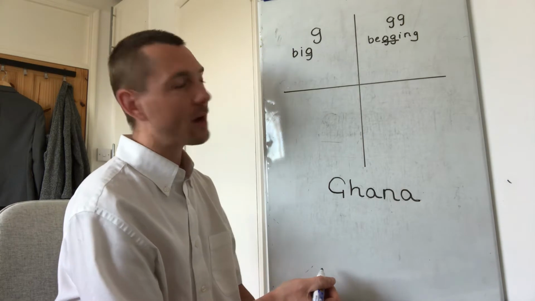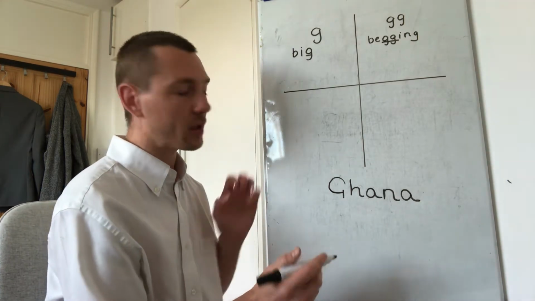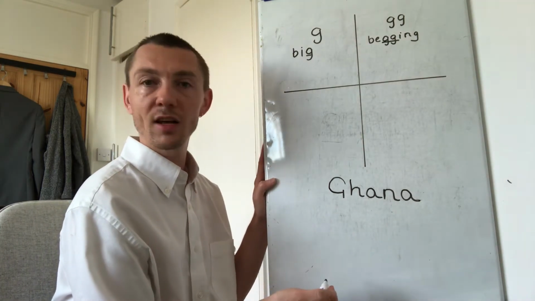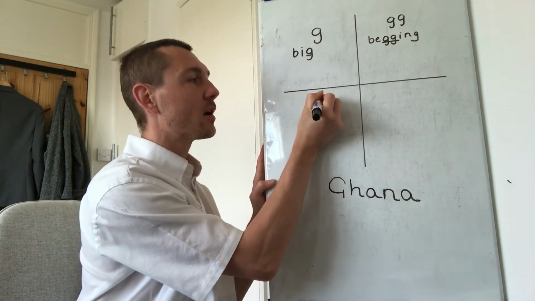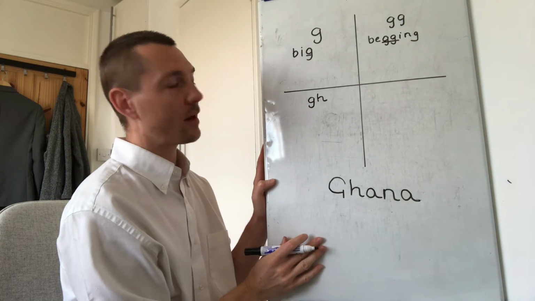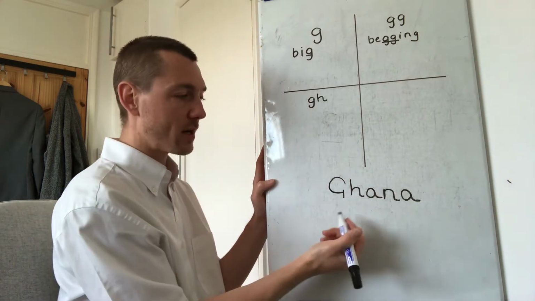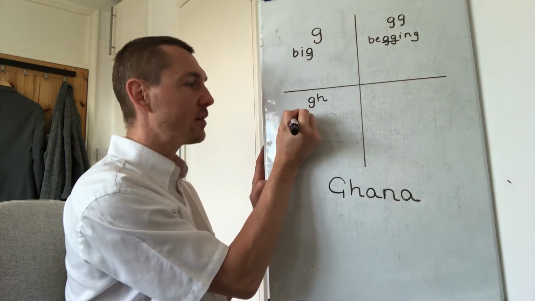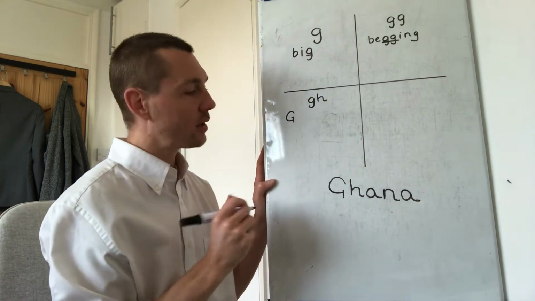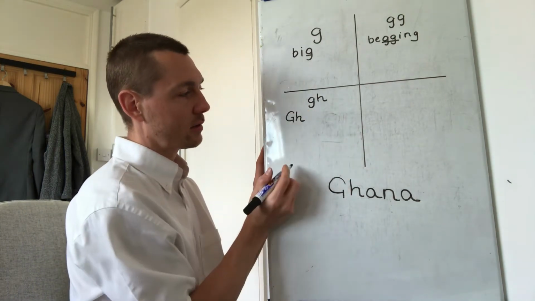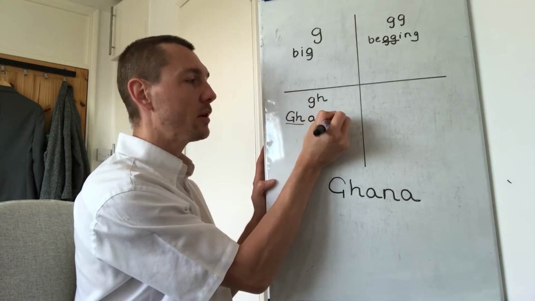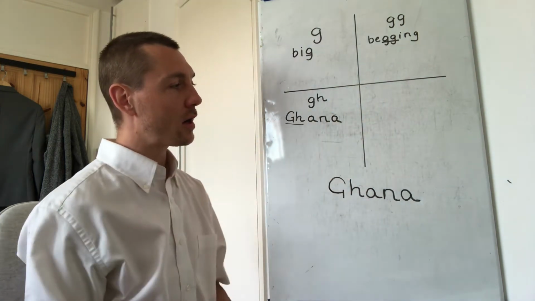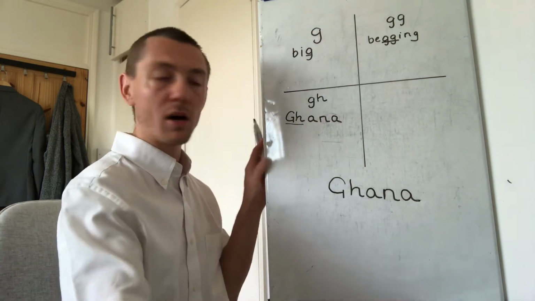Now, we have a different spelling of G. Have you spotted it? That's right, it's the GH spelling. Our third spelling of the G sound, and we can write it with a capital G because it's a country. G, A, N, A. Ghana.